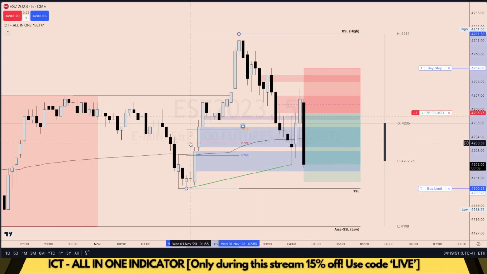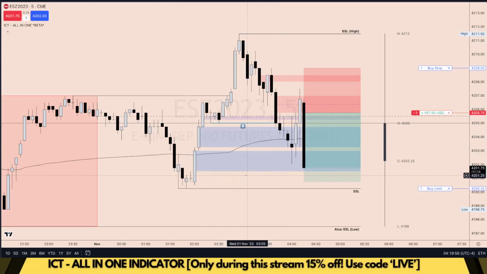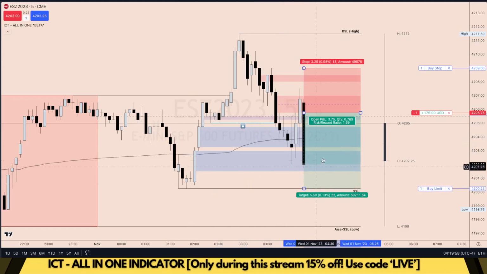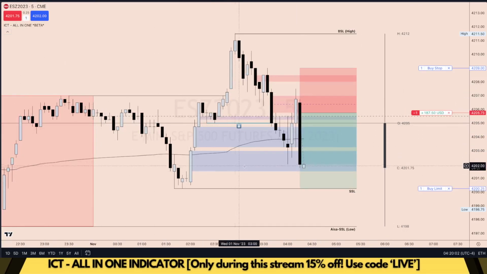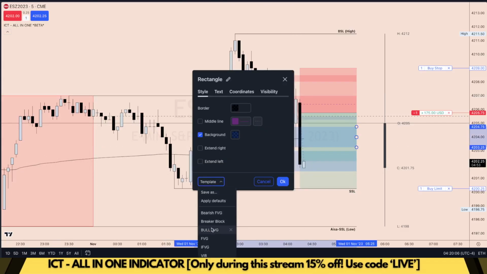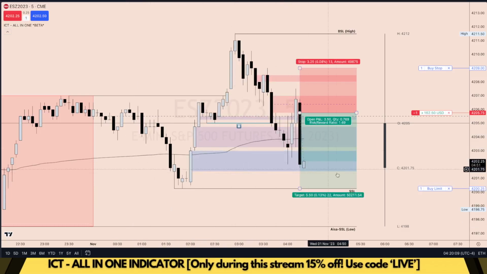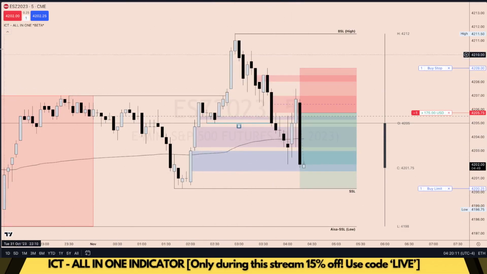Always try to imagine which side of the traders is getting stopped or being put in a painful position. We open up with a bearish volume imbalance below our bullish fair value gap. So what do we do? We turn it into an inversion fair value gap. Now we would expect resistance from this order block right here.